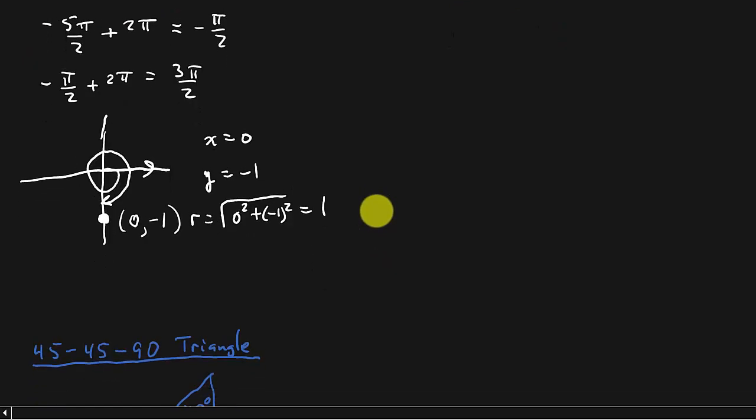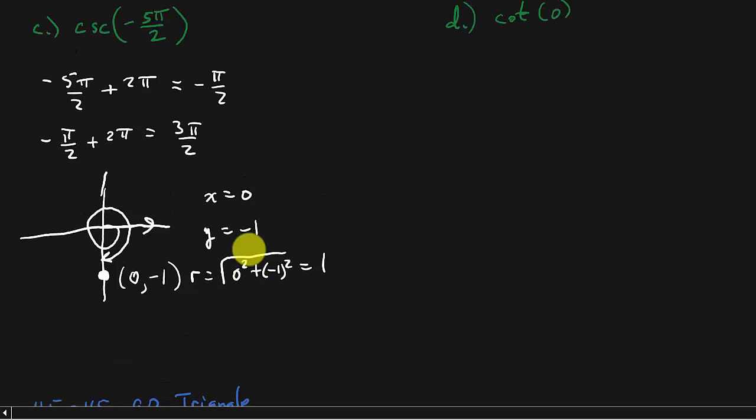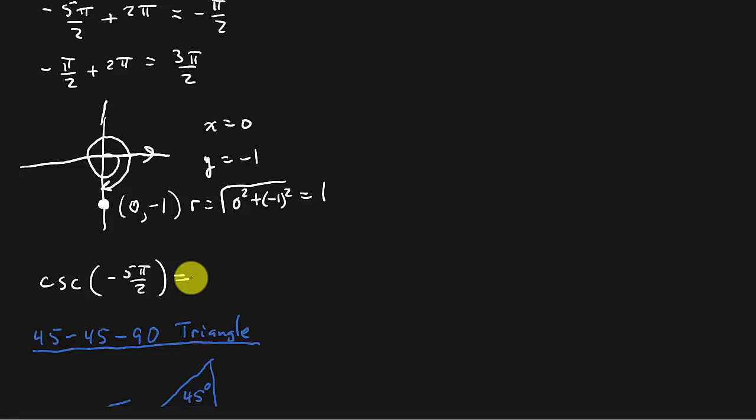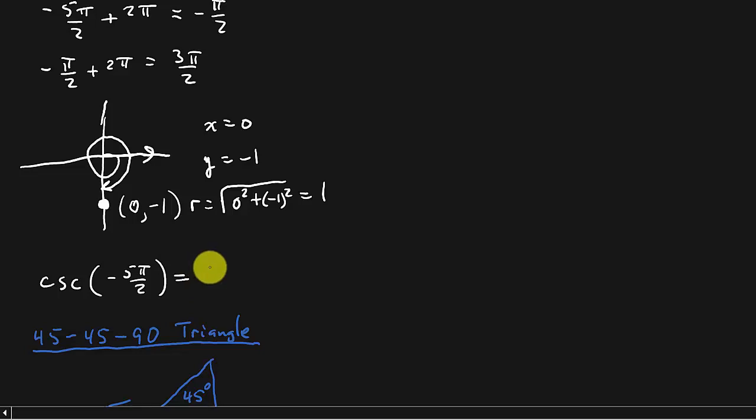Okay, so I get, let's see, what are we doing? Cosecant. So cosecant of negative 5 pi over 2 is equal to, all right, so let's be careful here. Cosecant, what do we know? Well, we know sine is y over r, so cosecant is r over y.